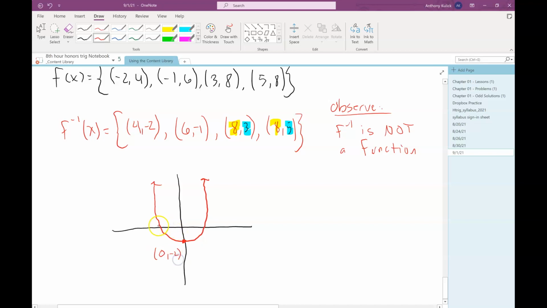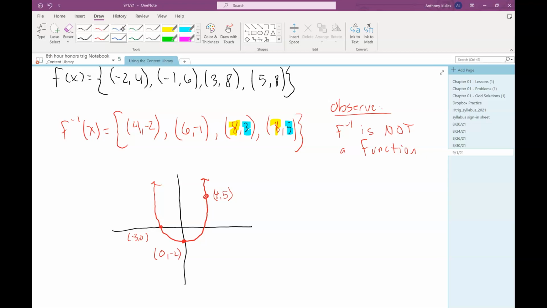So maybe that's 0, -2, maybe that one's 0, -3, and maybe that one's like 4, 5 or something. Whoa, that's -3, 0. And maybe that's really like, yeah, that's probably fine. It shouldn't matter. Everybody's okay with that? So I just found some points.